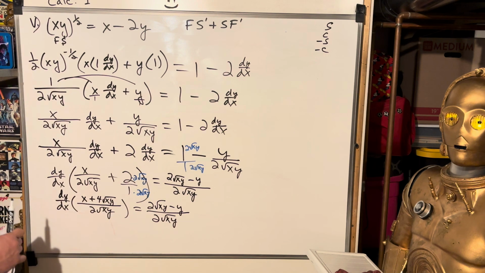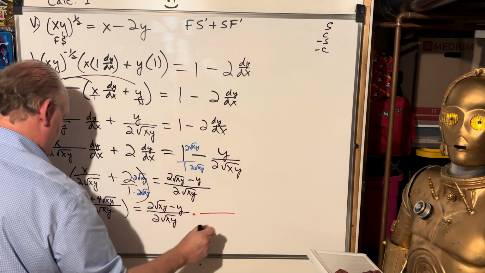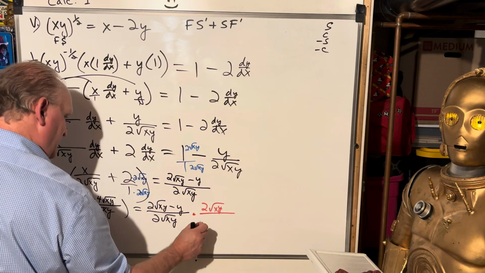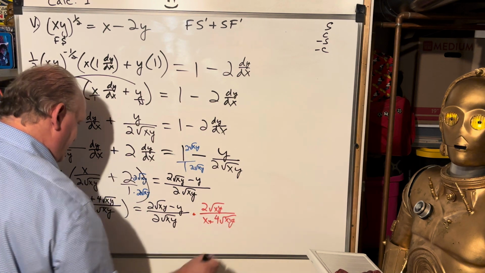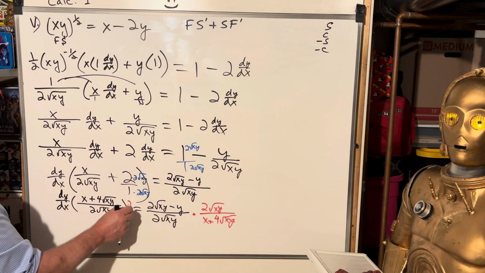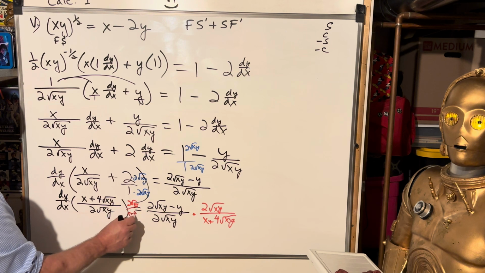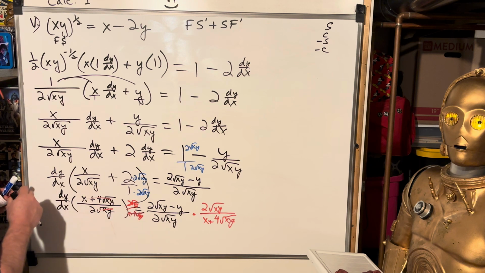Okay, and now we multiply by the reciprocal of this, both sides. And so here we go, 2 square roots of xy there, and x plus 4 square roots of xy there. And the same thing here, we're multiplying both sides by that, square root of xy over x plus 4 square roots of xy. And so that cancels all off.